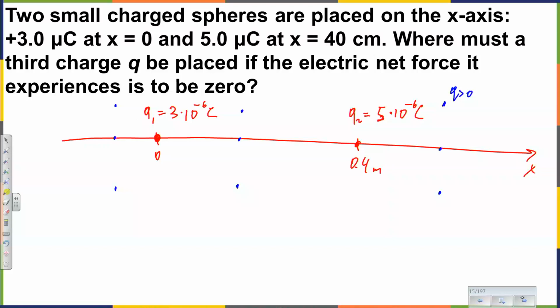Well, the charge number 2 is supposed to repel it, and the charge number 1 also. This is the direction of a force acting between those charges.